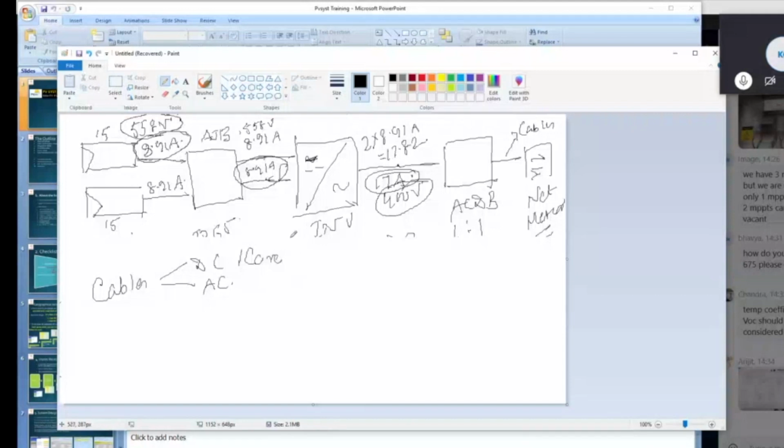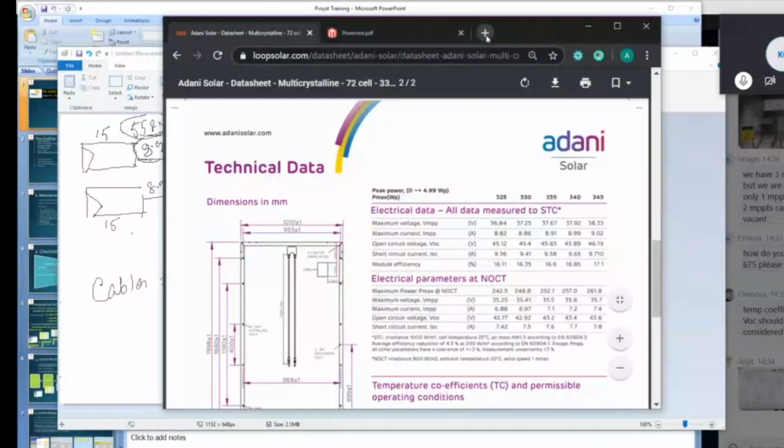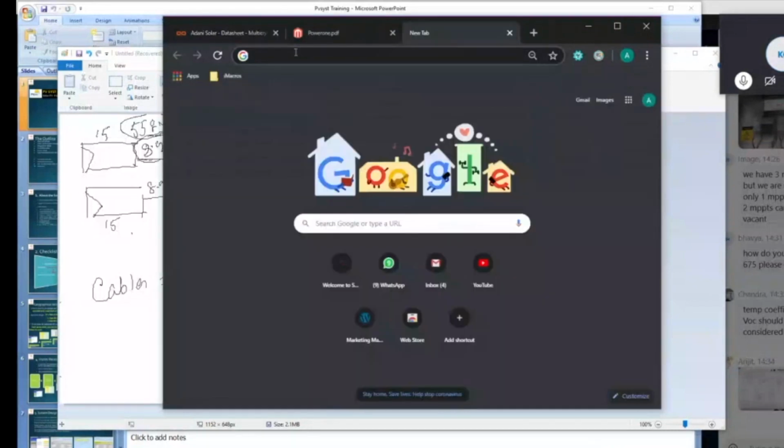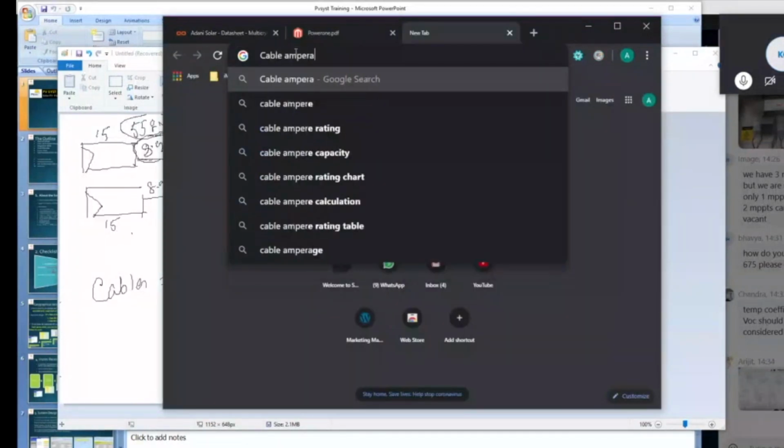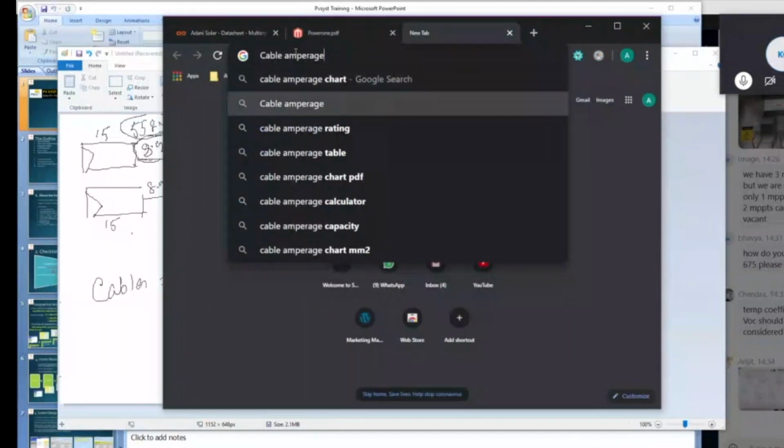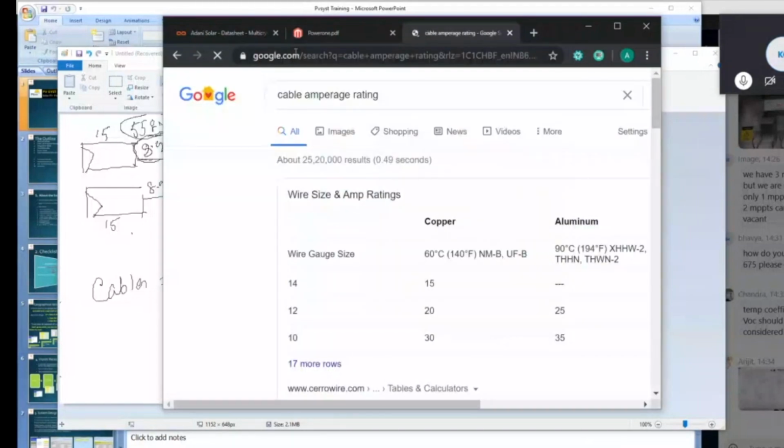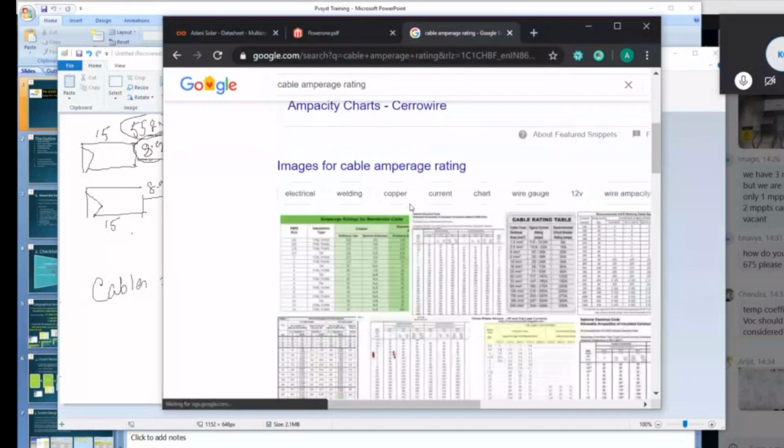Now, what should be the general square mm of cable we need to take? Here the current flowing is 8.91. So let us go to Google and ask for cable amperage rating. Every company like Polycab, KEI, whatever cable you are choosing, you will get a cable amperage rating.